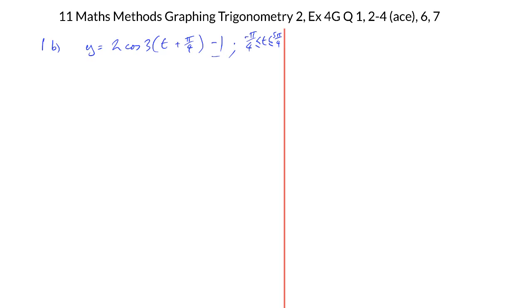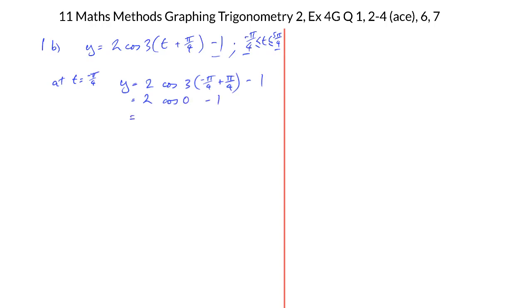It talks about using a calculator to work things out, and so the endpoints, we're told to work out what the actual endpoints are. So at t equals -pi on 4, y will equal 2 cos(3 times -pi on 4 plus pi on 4) - 1. So we end up with cos of 3 times 0, which is 0, -1.